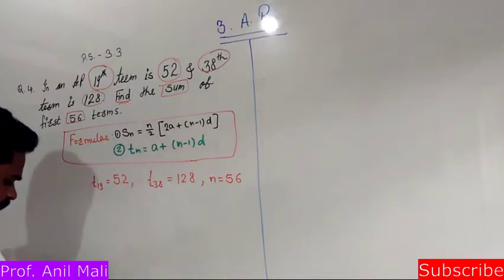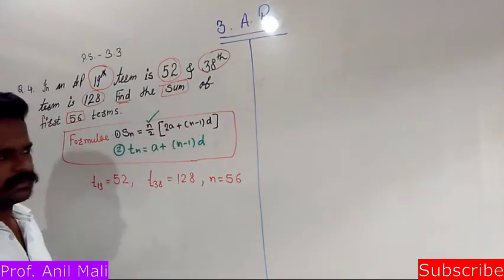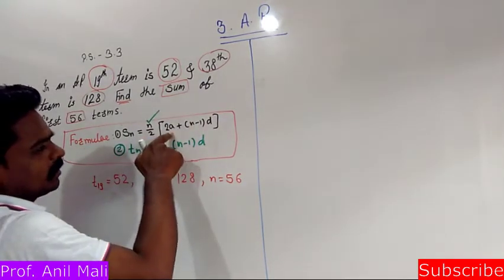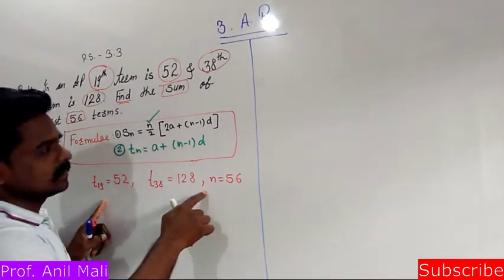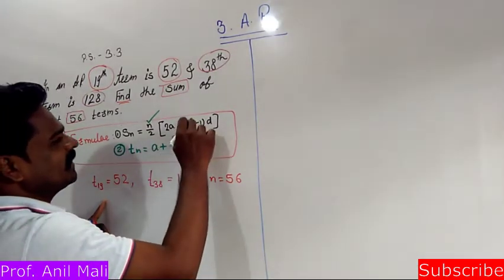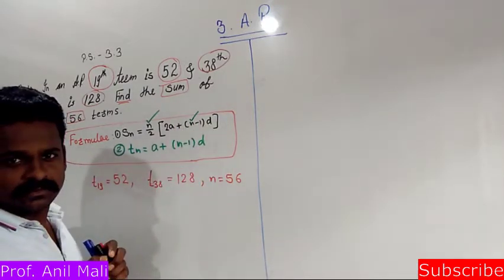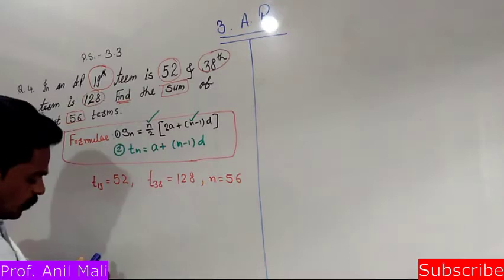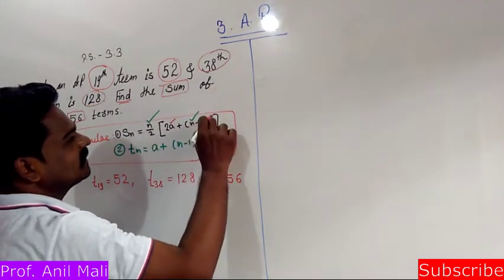Now see here, we want n, and we have it. We want a, but they haven't given it to us. We want d, but they haven't given that either. So we need to find out this a and this d.